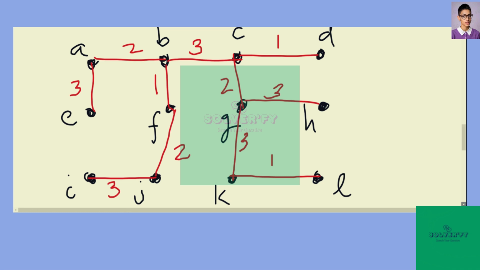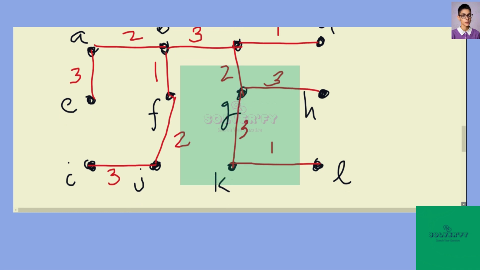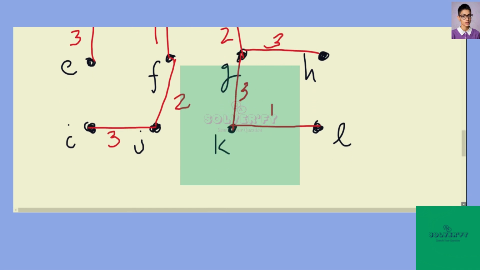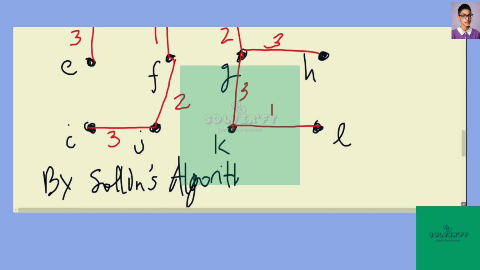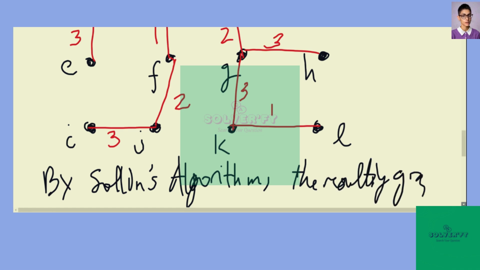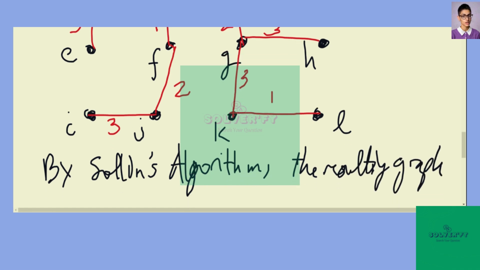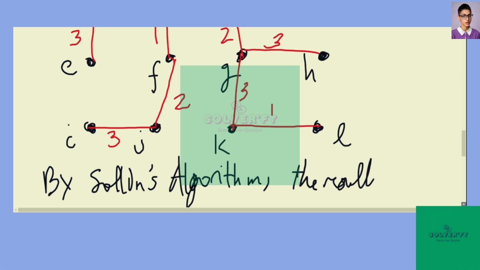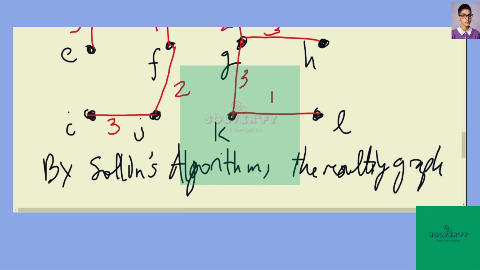Now that we've added 11 edges, it follows that Sollin's algorithm terminates, and by Sollin's algorithm, it follows that the resulting graph is a minimum spanning tree.